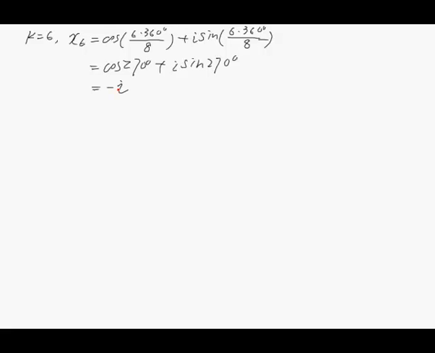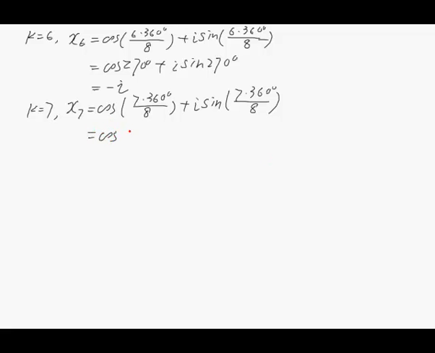And then the last one, k equal to 7. x sub 7 is equal to cosine of 7 times 360 degrees over 8, plus i times sine of 7 times 360 degrees over 8. And the argument is 315 degrees.